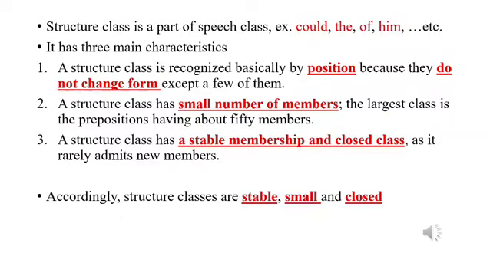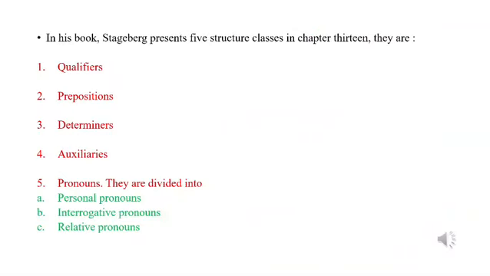The largest class of them has only 50 members. Third, they have a stable membership and a closed class, as it rarely admits new members. Accordingly, structure classes are stable, small, and closed.